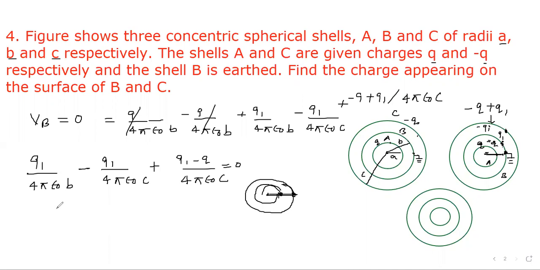If we simplify, it will become 0 equal to Q1 divided by 4πε₀b minus Q upon 4πε₀c, because one term Q1 upon 4πε₀c will cancel out. So Q divided by 4πε₀c will be left. So this will give Q1 equal to b upon c times Q. So we have got the value of Q1.